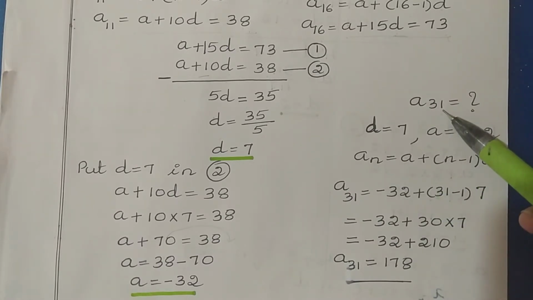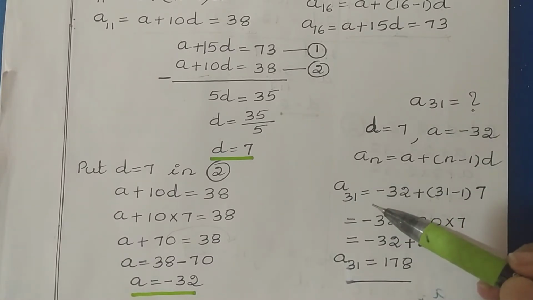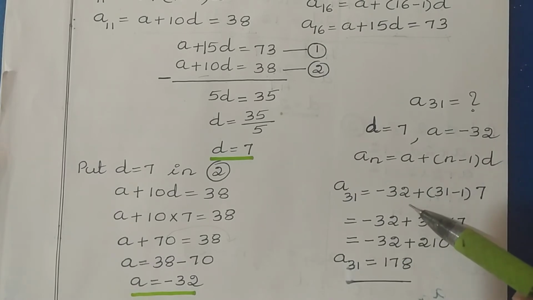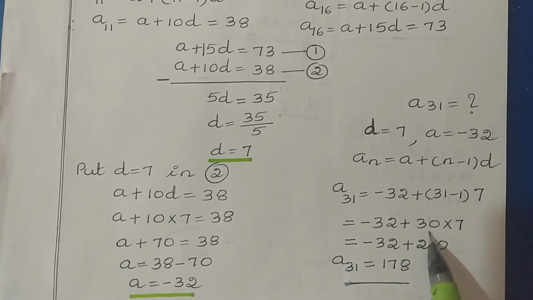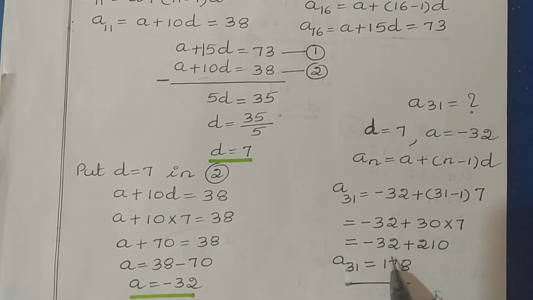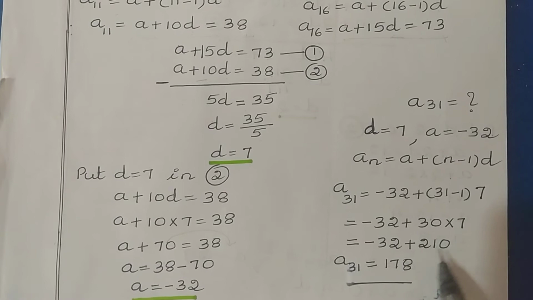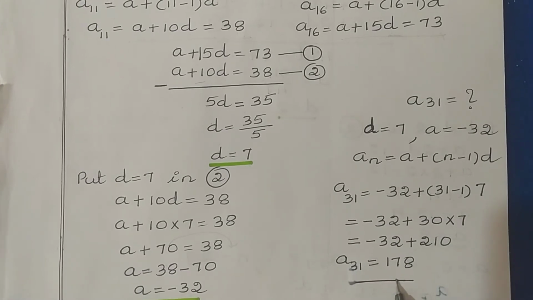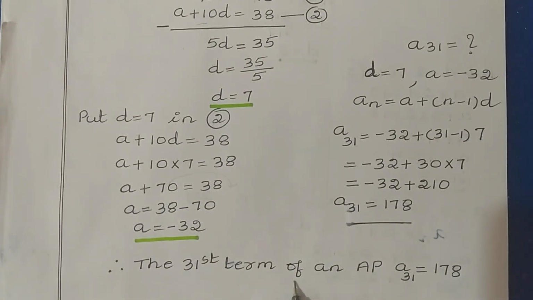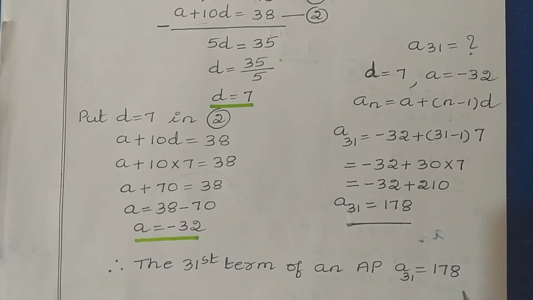Here n is 31, so a31 is equal to a which is minus 32 plus 31 minus 1 into 7, which is minus 32 plus 30 into 7. 30 into 7 is 210. So 210 minus 32, answer is A31 is equal to 178. So the 31st term of the arithmetic progression A31 is equal to 178.